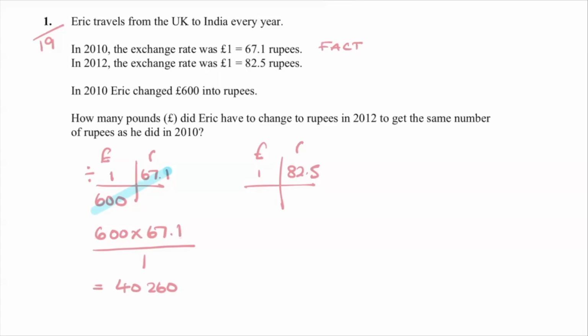The same number means that in our rupees column, we're going to put our previous answer. Now, remember, we multiply across the diagonal and we divide through. We can see that the multiplying is multiplying by 1. Don't really need to show that. So we will just finish it off by doing the division. So our answer is 488.